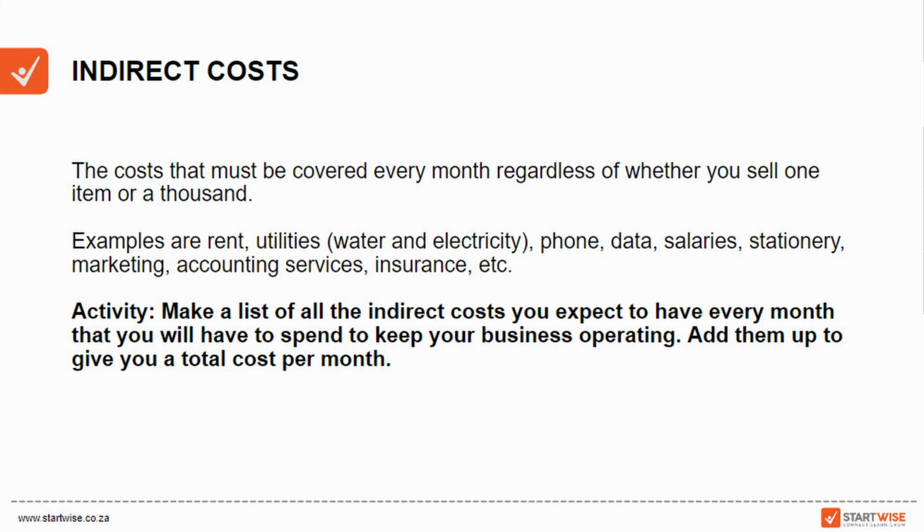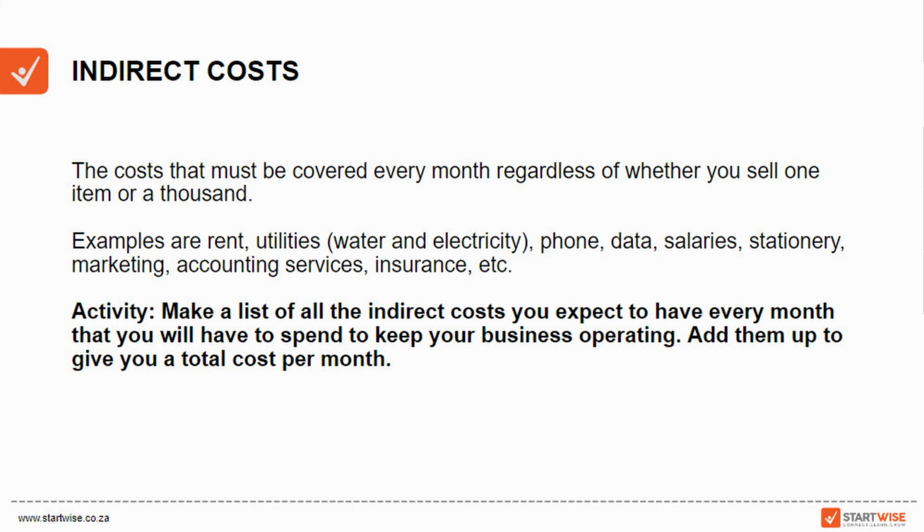So what I need you to do now is to quickly make a list of all of the indirect costs in your business that you expect to have every month, and write down the indirect cost and the amount that you pay for that per month. So for example, electricity, 5,000 Rand, phone bill, 500 Rand, data, 200 Rand, salaries, 10,000 Rand, whatever the case might be, but the cost must be per month.